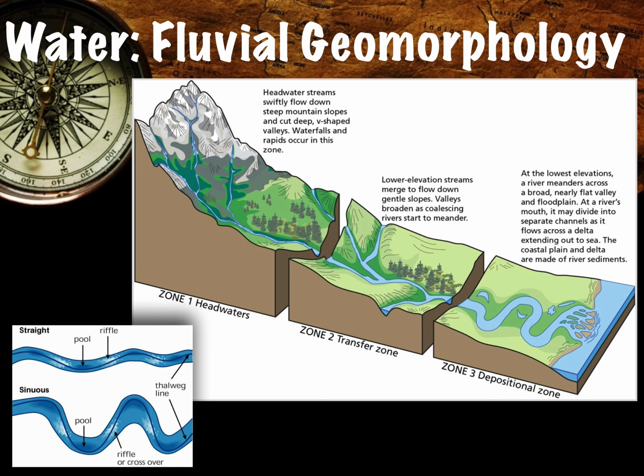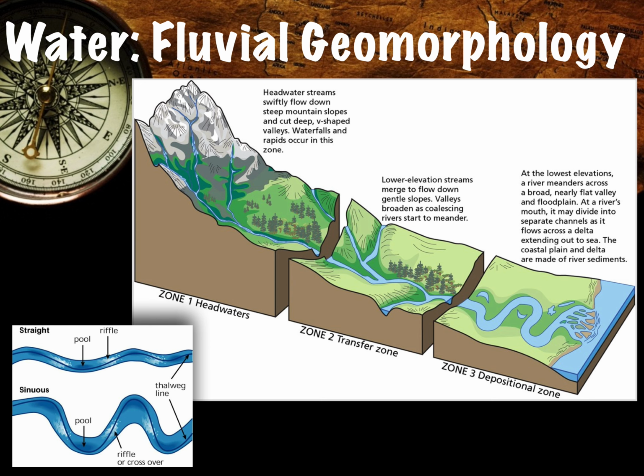At some point, you continue to dig down to the deepest element, in which everything becomes very wide and not aggressively sloped with a gradient. At the lowest elevations, a river will meander, meaning that it zigzags back and forth within the floodplain. At a river's mouth, which is where the river ends, it may divide into separate channels, known as a delta system.